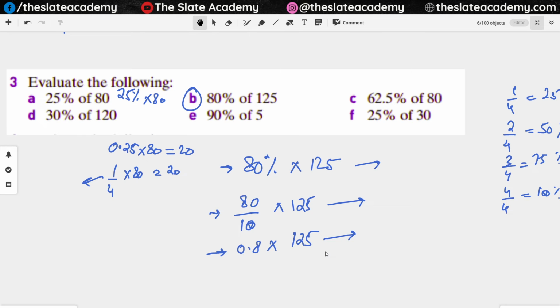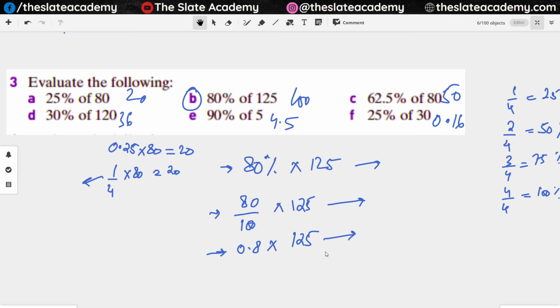All right, so the answers that we have: the first one would be 20, the second one 100, the third one 50, the fourth one 36, the fifth one 4.5, and the last one 0.16.